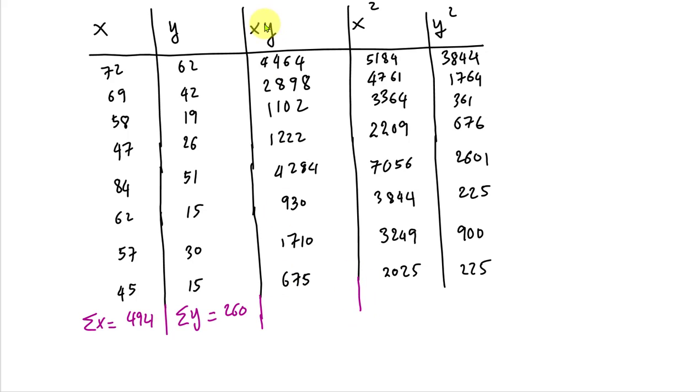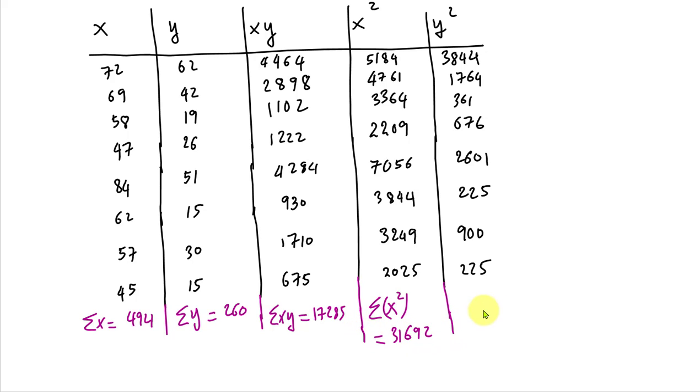And then here I have the product xy. So I'm looking for the sum of the product xy. I'm adding all of these values together and I get 17,285. And then here we have the sum of all the x squared, right? And it will give you the summation of the entire column. And we have 31,692.